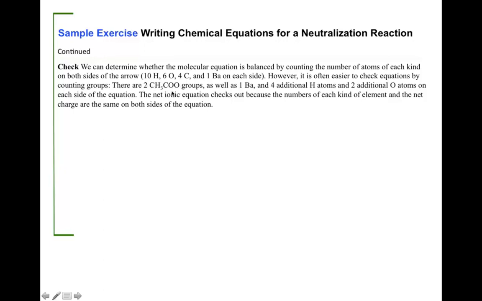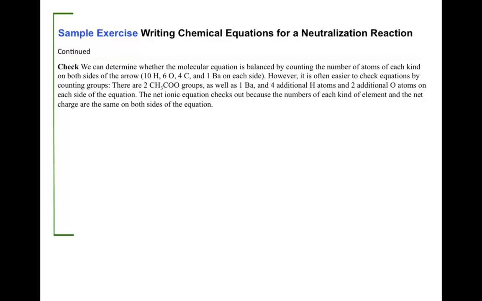So we have 2 acetates in the product, as well as 1 barium and 4 additional hydrogen atoms and 2 additional oxygens on each side of the equation. So instead of looking at individual atoms, we can look for groups of ions or atoms.